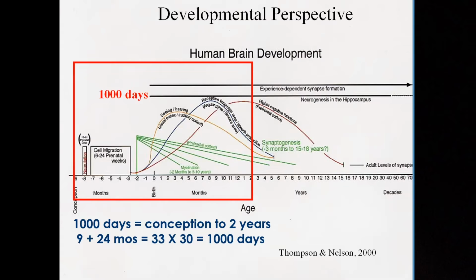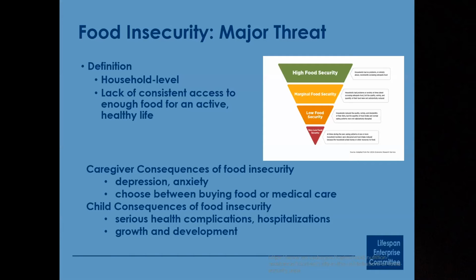There's a tremendous amount of development that takes place during that first 1,000 days. Synaptogenesis occurs, myelination occurs, and it's very exquisitely timed, so that during this time, children have very specific nutritional and health and environmental needs.